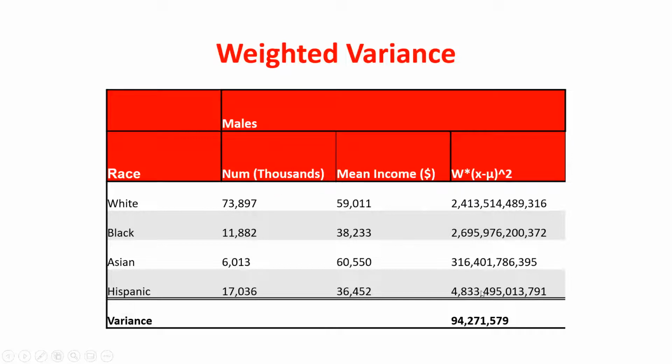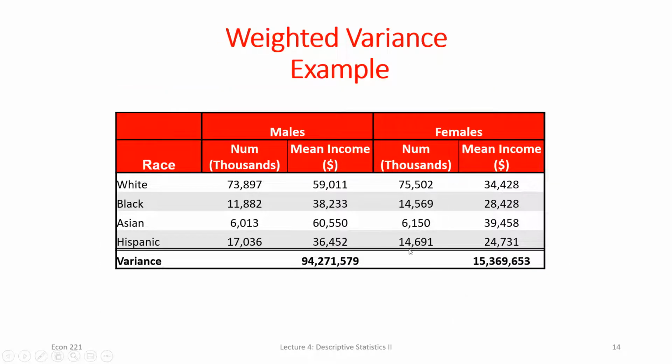I wrote all those numbers down. They're huge numbers. I then added them all up and divided by the sum of my weights to get this variance. I'll show you this in Excel in just a second. But before that, we can do the same thing: I calculate the variance for males and the variance for females.